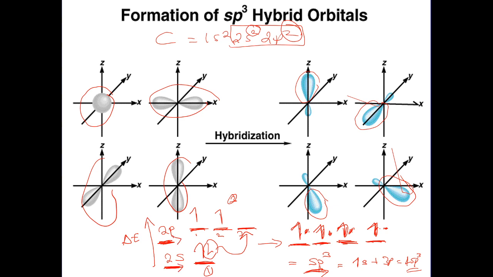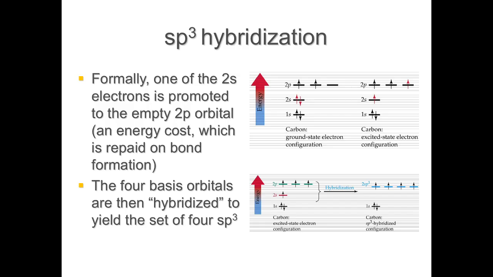So it's an average that you get in terms of energy. So this is what you get as your hybrid orbitals when one of the electrons gets promoted.